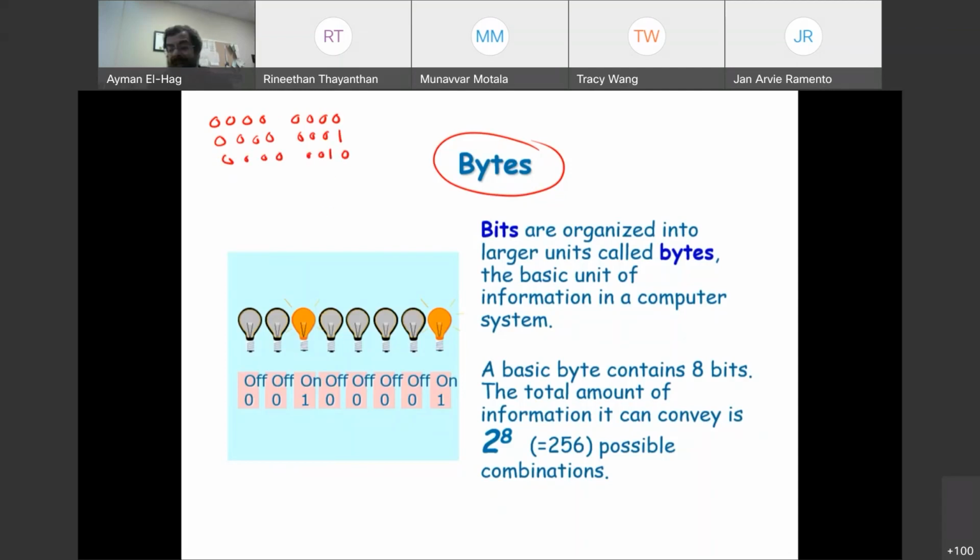How many combinations can I have until I reach the last one, which is 11111111? You have 8 bits, so it's 2 to the 8. So you will have 256 different combinations. Okay, that is your resolution.